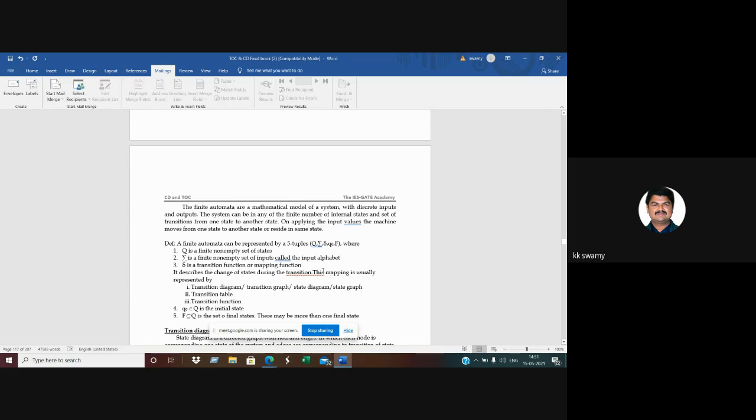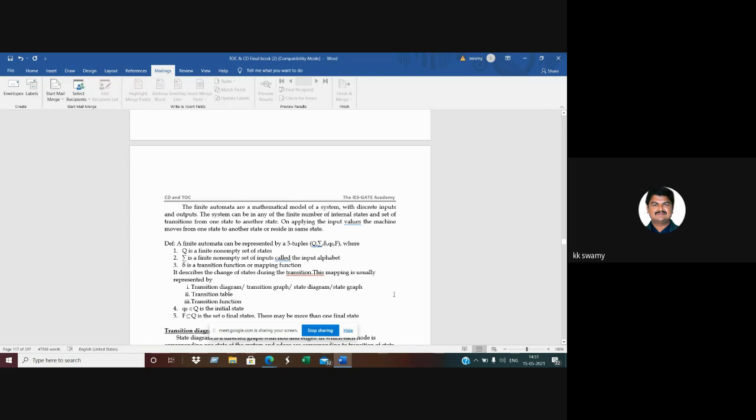Q is a finite and non-empty set of states. Next is sigma, equal to 0, 1. Next is delta, next is Q naught, the initial state, and next is the final state.